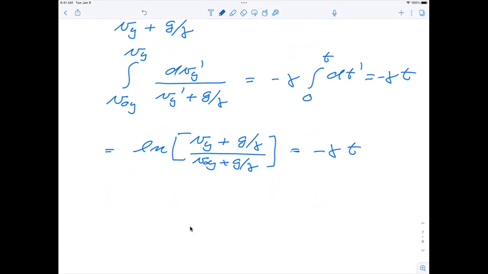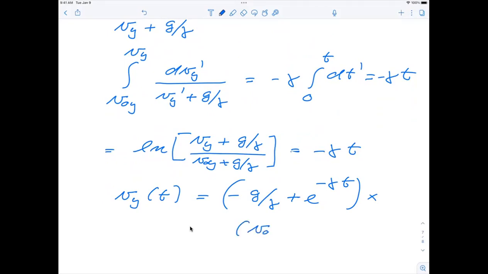What you get when we exponentiate both sides is that v_y as a function of t is going to be equal to minus g divided by gamma plus e to the minus gamma t, multiplied with v0y plus g divided by gamma. So this is going to be my answer when I'm setting up the equations for the velocity in the y direction.